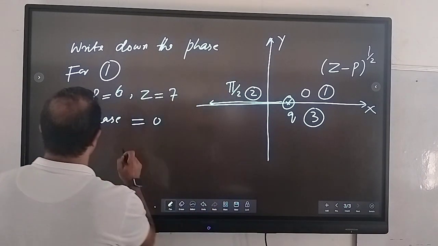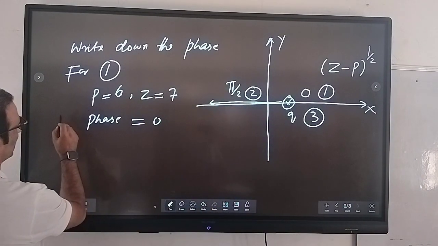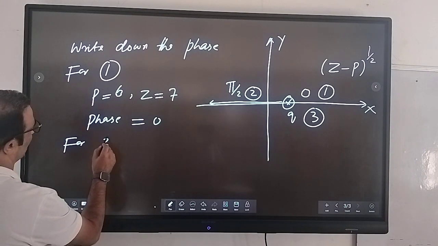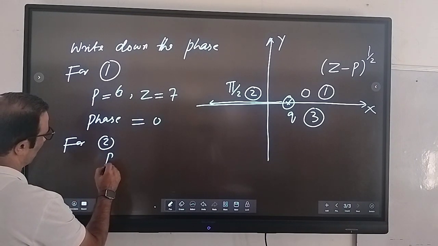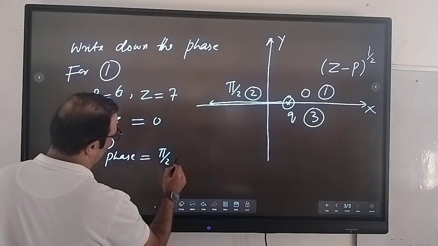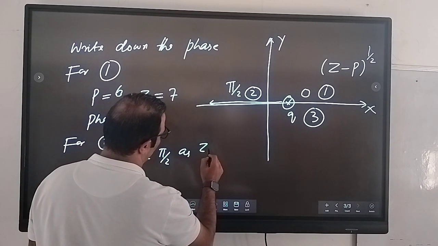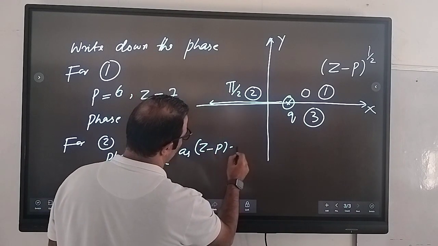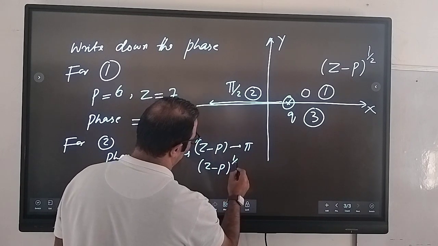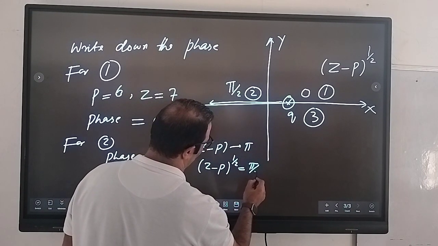So for the second, the phase will be pi by 2, as z minus p changes to pi, so (z minus p) raised to the power 1 by 2 will be pi by 2, right?